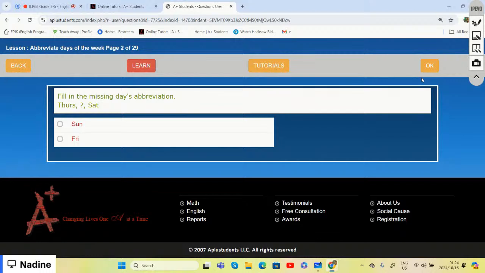We need to fill in the missing abbreviation. It's Thursday, blank, Saturday. Is it Thursday, Sunday, Saturday, or Thursday, Friday, Saturday? Option one or option two?